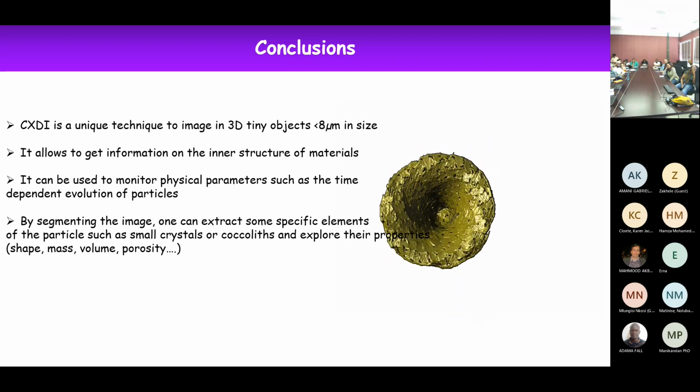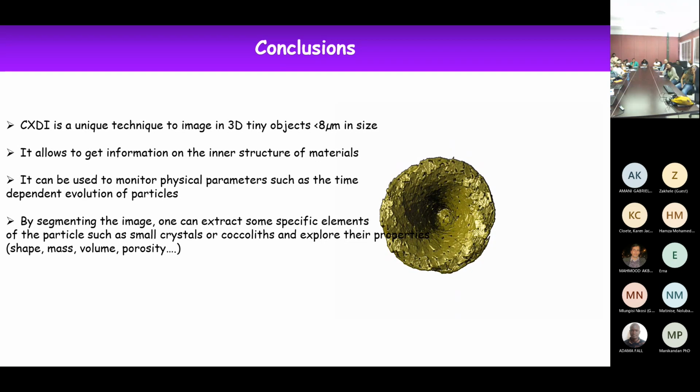Sometimes people say that they protect the membrane. Other people say that since the cell can expel the coccoliths from the membrane, they could play a role like a submarine. So if you put on more coccoliths, the cell is going to go down.